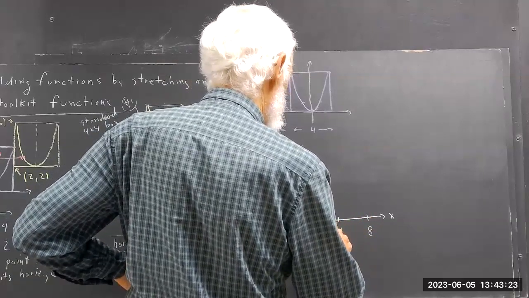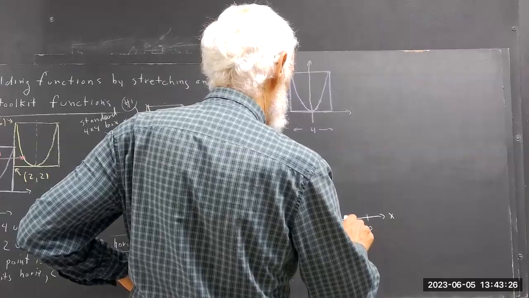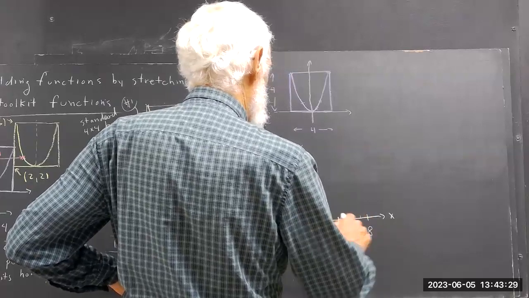Give myself 4 here, 2 here, 6 here, and 1, 3, 5, and 7.